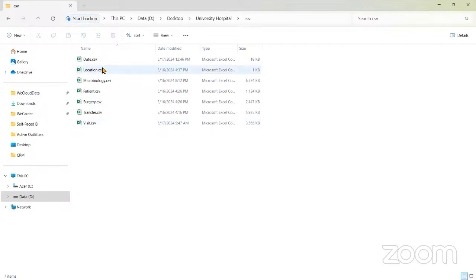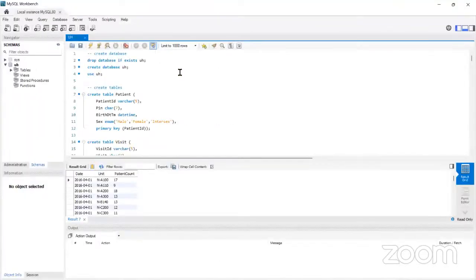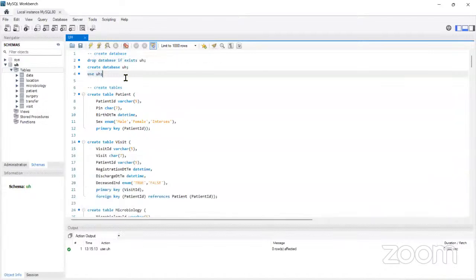Remember, I think now you feel very comfortable, very familiar with date, location, microbiology, patient, surgery, transfer, and visit. So just to answer the question, we loaded the tables. Let me just refresh it. We loaded the tables. Also, we need to use this database.